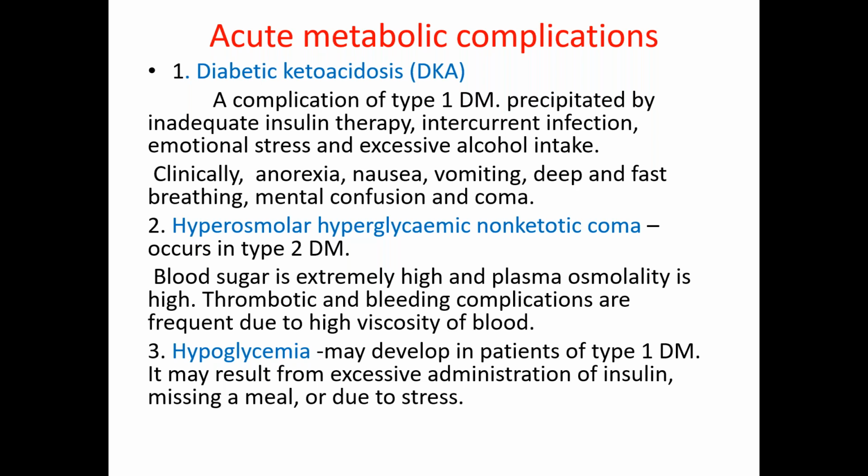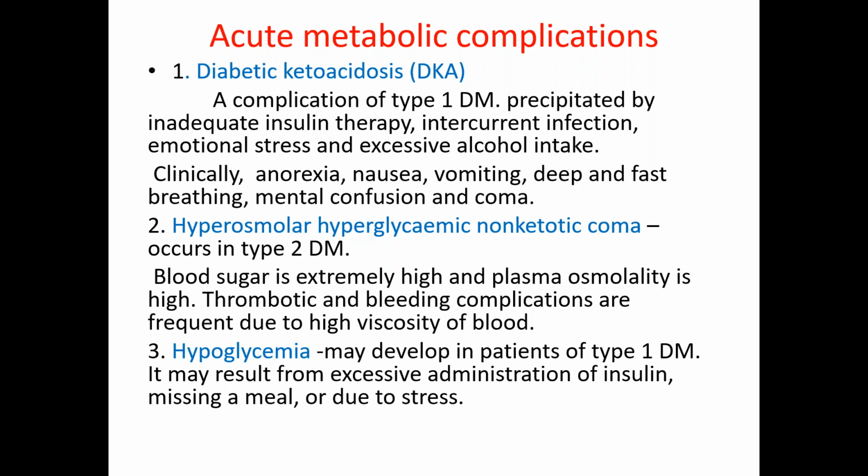Another type of complication, hyperosmolar hyperglycemic non-ketotic coma, occurs in type 2 diabetes, where blood sugar is extremely high and plasma osmolality is high. So the patient is dehydrated and blood viscosity increases.